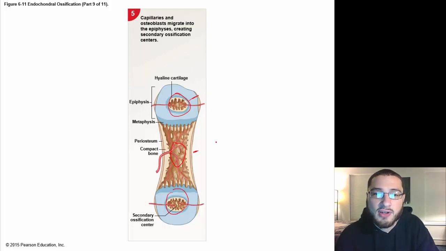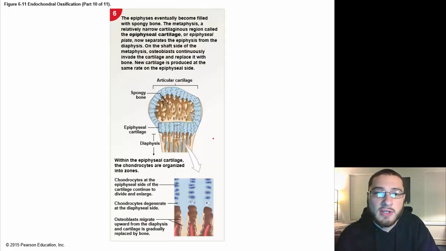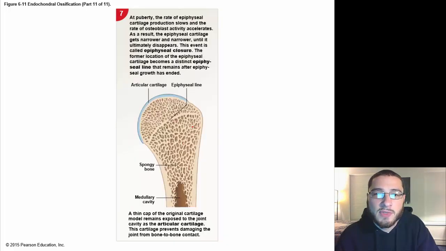All right, so we have these secondary ossification centers, and then the epiphysis eventually becomes filled with spongy bone in our trabeculae. Then the metaphysis, this in-between area, is a relatively narrow cartilaginous region called our epiphyseal cartilage or epiphyseal plate, sometimes called the growth plate, where growth is going to continue.